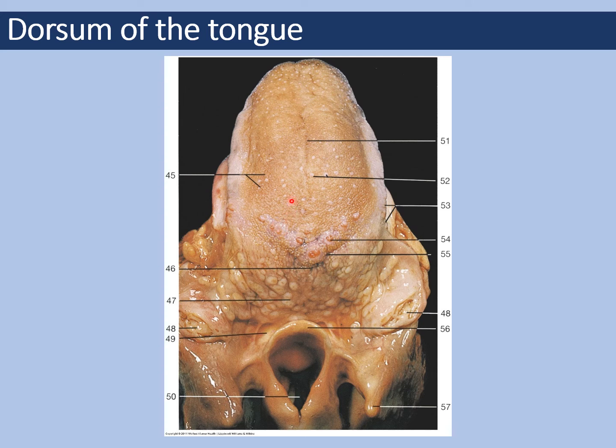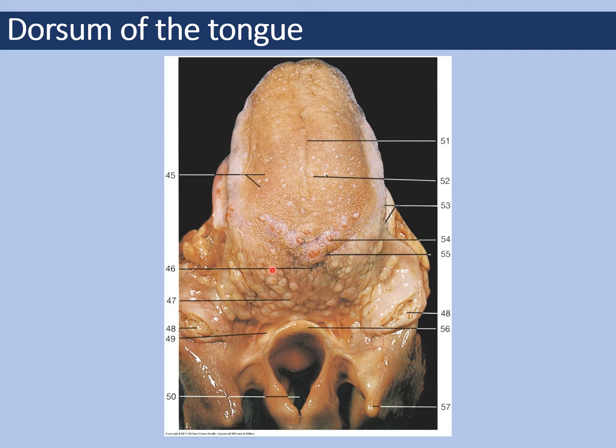The anterior two thirds of the tongue has a different embryological development than the posterior one third of the tongue. The sensory innervation of the anterior two thirds of the tongue would be via the lingual nerve off of the trigeminal nerve, and the taste would be via the chorda tympani.